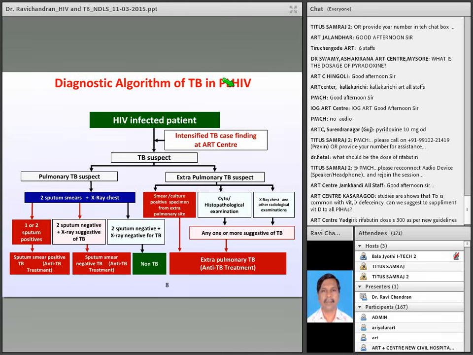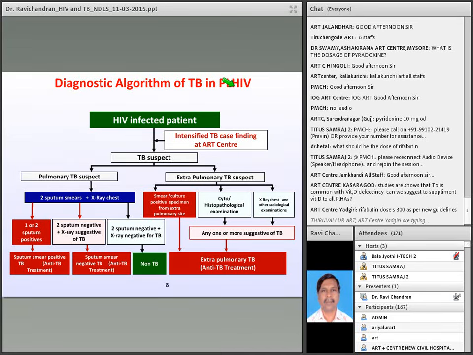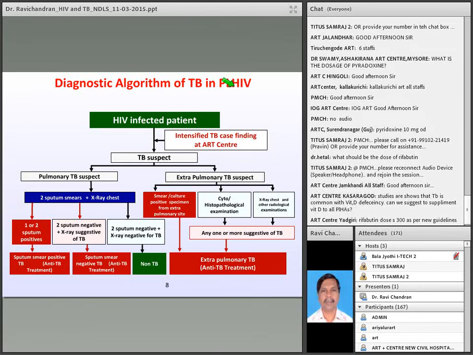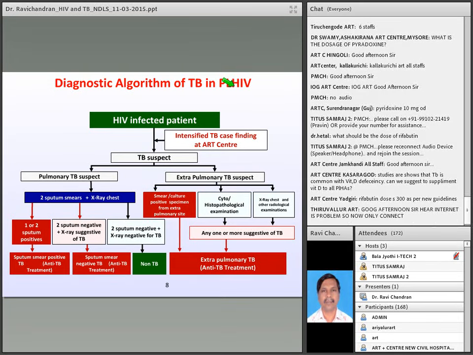This is the diagnostic algorithm of tuberculosis in patients with HIV infection. Whenever we suspect it, we do 2 sputum smears and an X-ray.